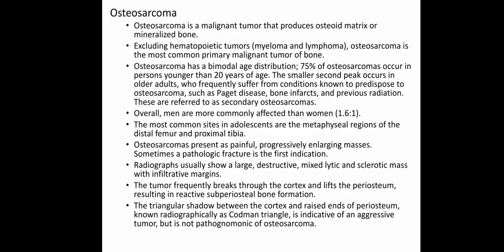The triangle shadow، هذا الشادو between the cortex and raised end of periosteum known radiographically as Codman triangle اللي هو diagnostic for osteosarcoma، is indicative of an aggressive tumor but it is not pathognomonic for osteosarcoma، لكن هو يفرق لي إياها عن البناين tumors.